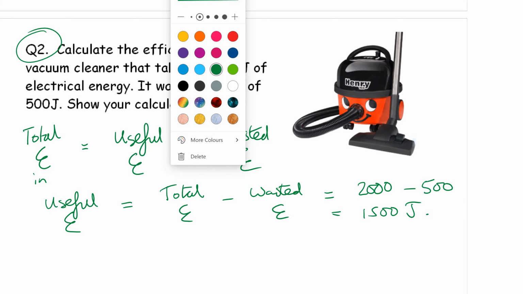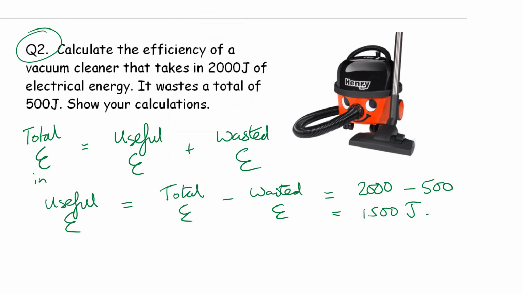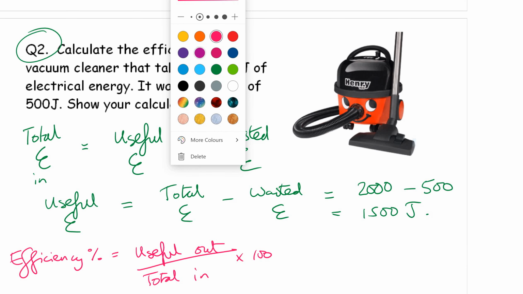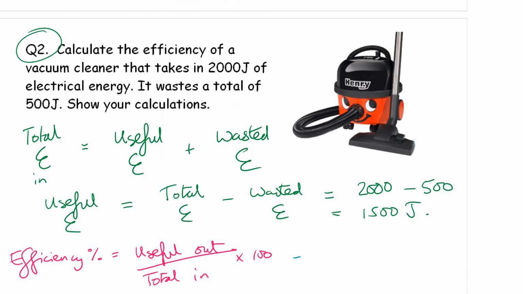Now we can work out the efficiency. This is a GCSE question, this is. Efficiency percentage equals useful out divided by total in times by 100. That's the equation. Now we put in the workings.